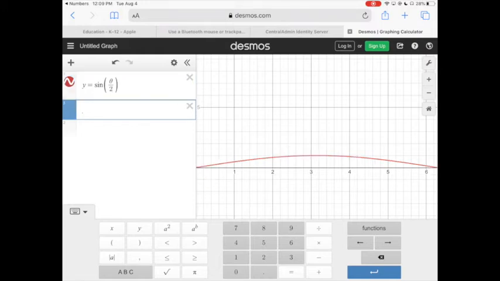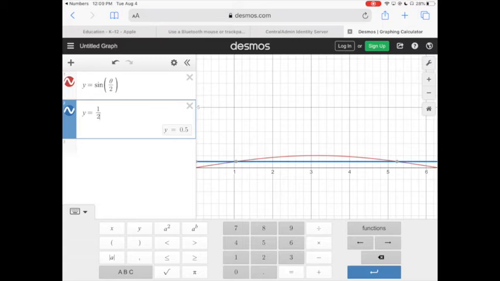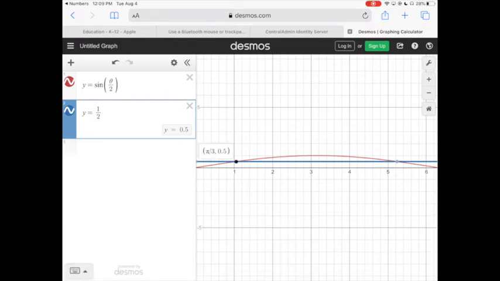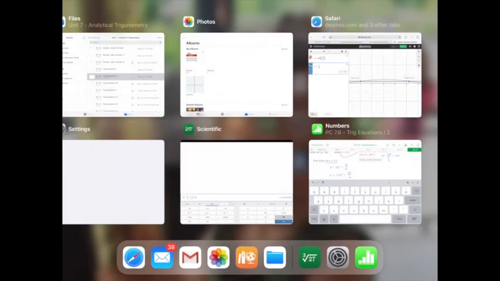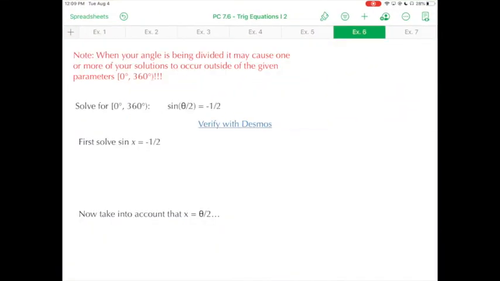And then in box 2, y equals 1/2. And notice that there are only 2 intersection points between the blue line and the red curve. And if I tap on those, notice I have a solution with an x coordinate of pi over 3, and then over here, 5 pi over 3. Okay. All right, next example.